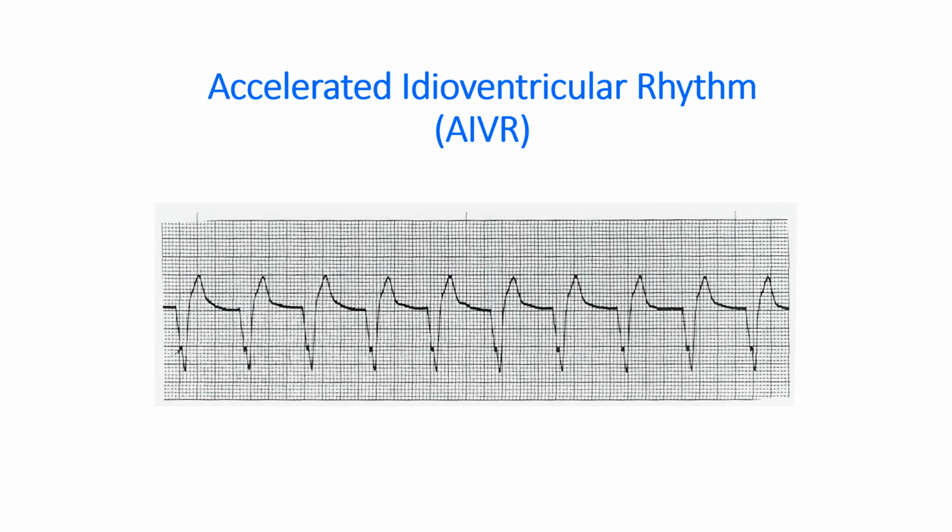This is called an accelerated idioventricular rhythm because it exceeds the inherent rate of the ventricular pacemaker. An AIVR is usually going to run at a rate of 50 to 100. And again, there are no P waves, the R to R is regular, and it is a very wide QRS.